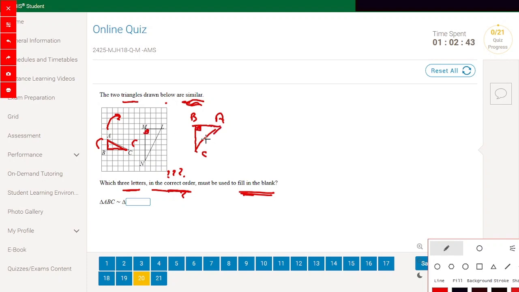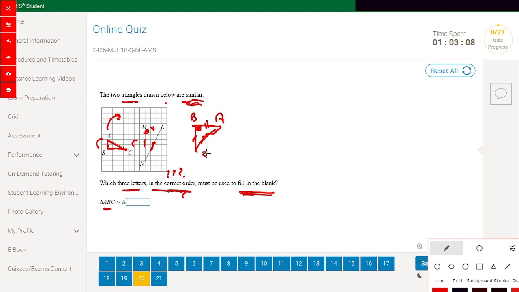Now, because these two triangles are similar, I have ML similar to AB, LN similar to AC, and MN similar to BC. So now, the same as the sides are similar, also the points are similar. So I have ABC.